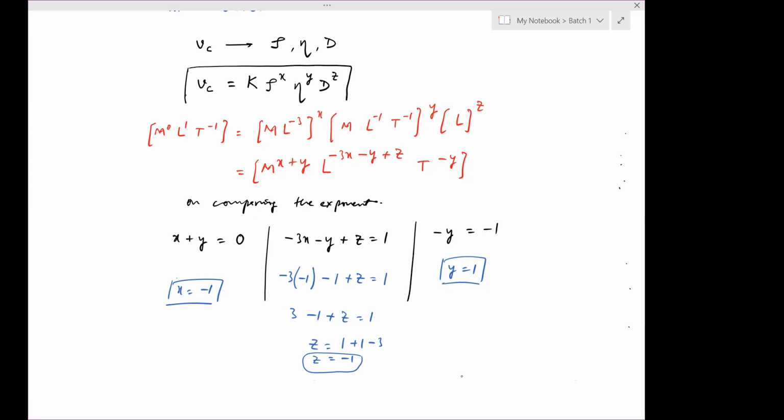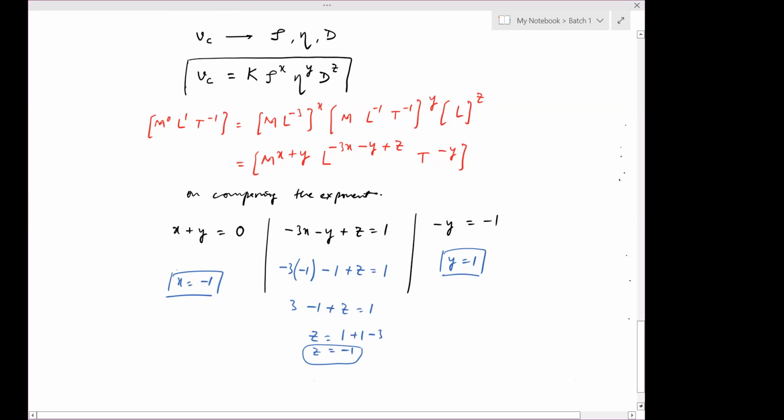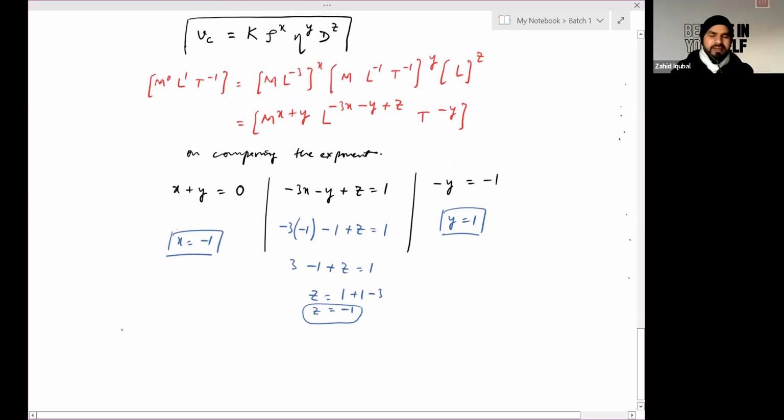Yes, sir. Now, put these values in the expression and replace k by a constant number, that is the Reynolds number. So Vc equals Reynolds number, rho to the power x, which is minus 1, eta to the power y, which is plus 1, diameter to the power z, which is minus 1.